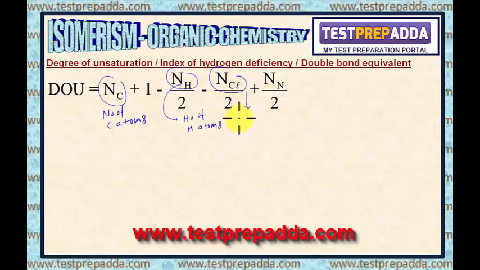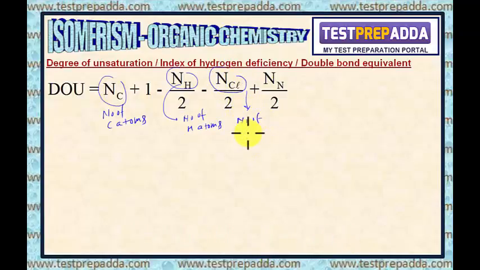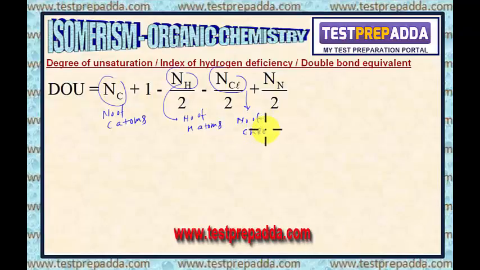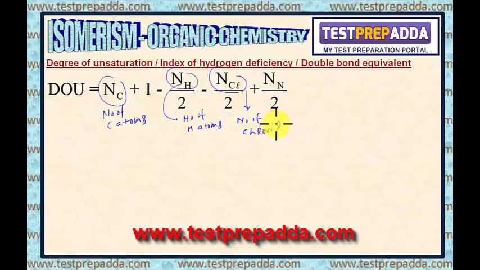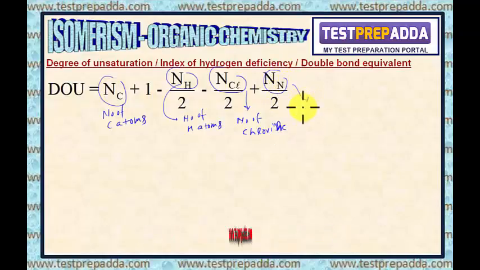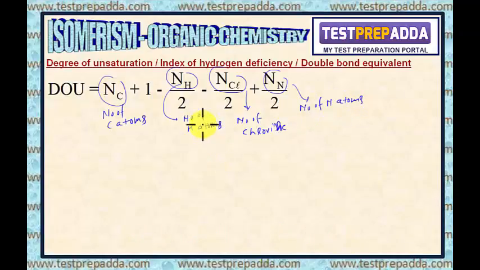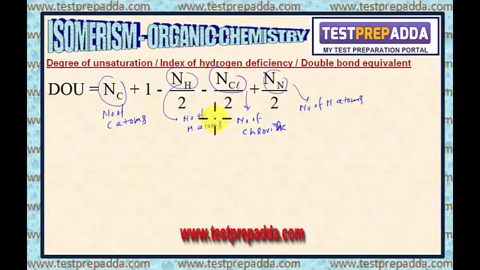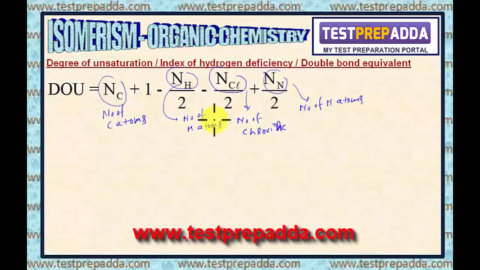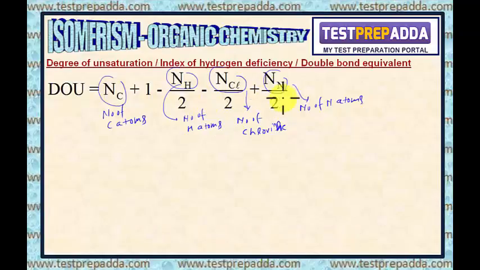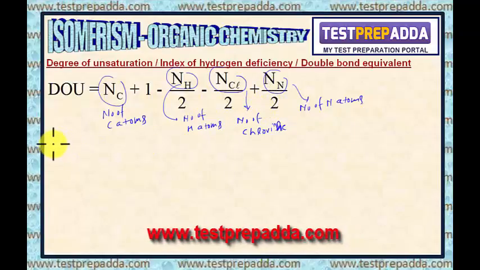This is the number of chlorine, in general we can say halogen. This is the number of nitrogen atoms. As we know, the number of oxygen atoms will not change the degree of unsaturation of the compound. That is why that number is not there in the formula.